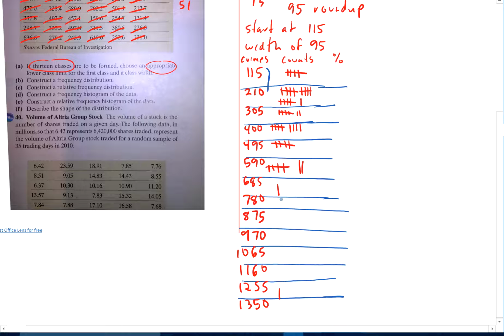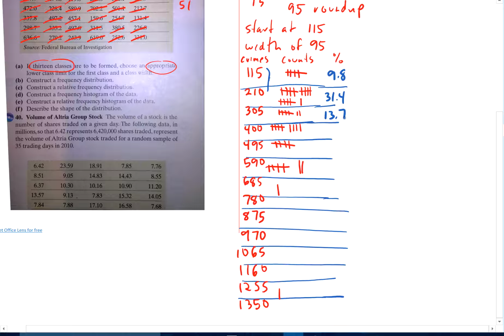So then a relative frequency distribution will be just the percentages of these. I know there's 51 in here, so this would be 5 out of 51, which would be 9.8%. And this is 16 divided by 51, which is 31.4%. And then 7 divided by 51, 13.7.